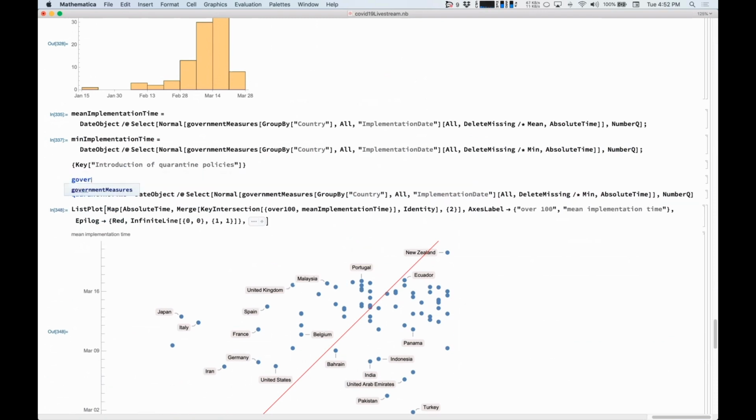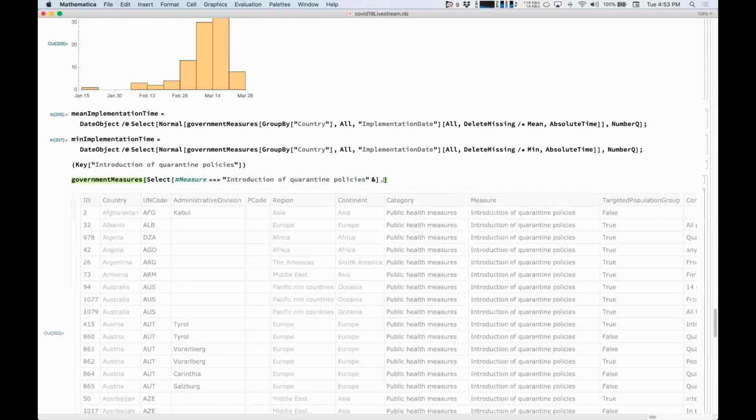Okay, let's write this again. Actually, no, we'll do this. We'll say government measures of select this. So here are all the rows about quarantine times, and we'll say we want the country and the and actually we're going to want to do it. Well, okay, we'll do it like this.